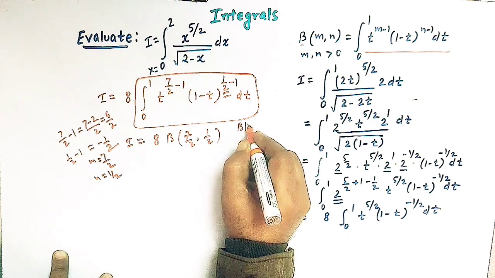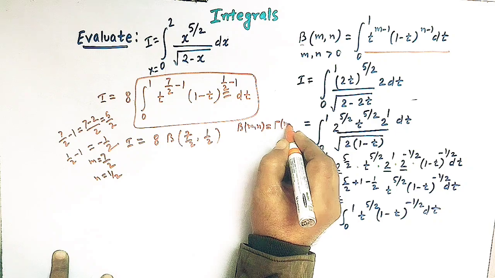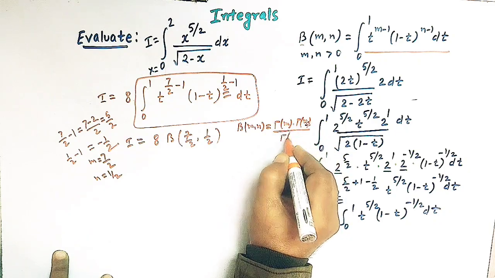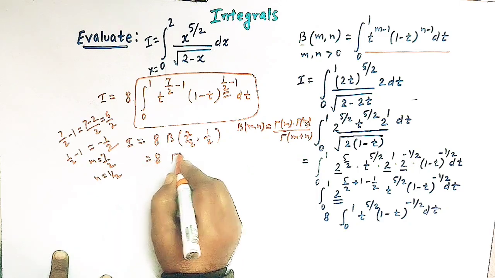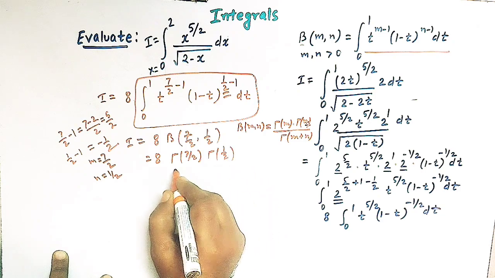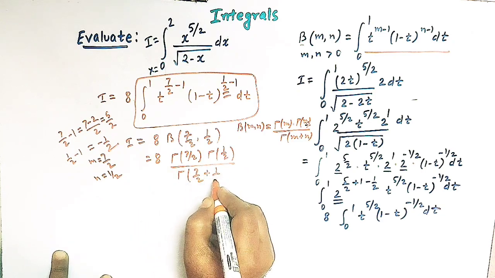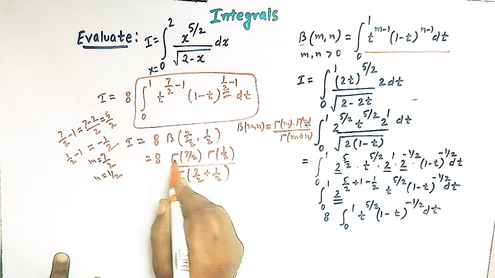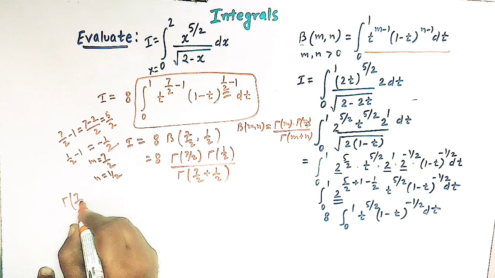So beta m comma n is given by gamma m times gamma n divided by gamma m plus n. So here we can now write gamma 7 over 2, then gamma half, and then we have gamma 7 over 2 plus half, right? Okay, so now let us find out the value of gamma 7 over 2.